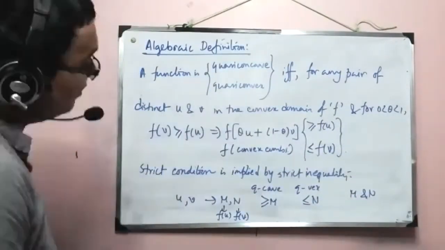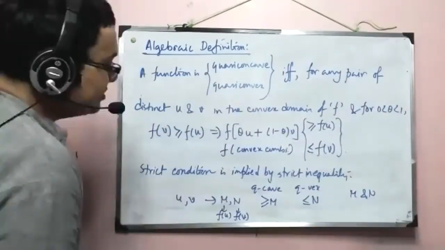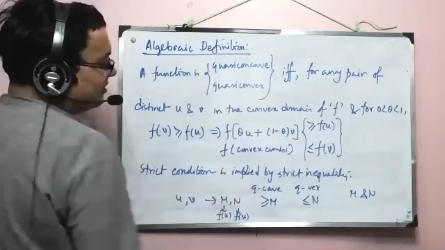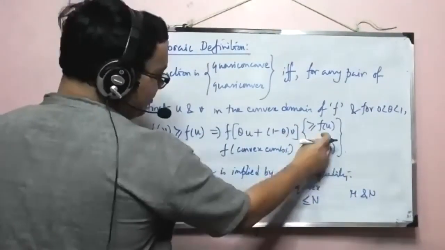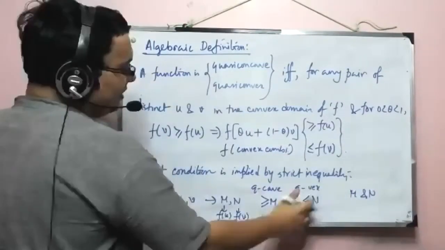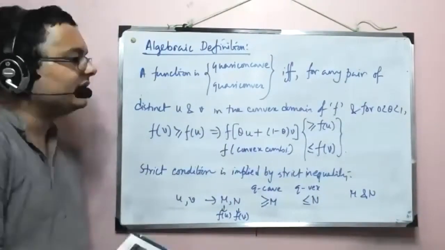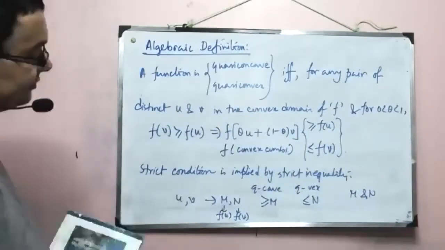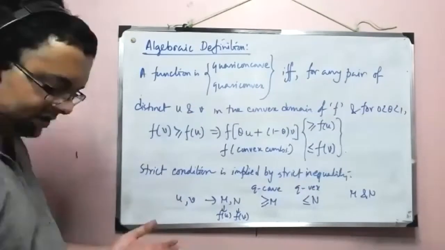So basically we are talking about the same thing, and for the same thing, the definition remains the same. So this f value of the convex combination for quasi-concave becomes greater than or equal to fu, which is our m, and for quasi-convex less than or equal to fv, which is our n. So by doing this exercise, we realize that we are talking about essentially the very same thing, right? Okay, so our condition essentially has not changed.